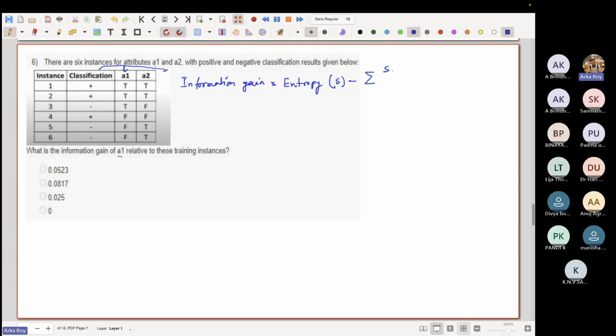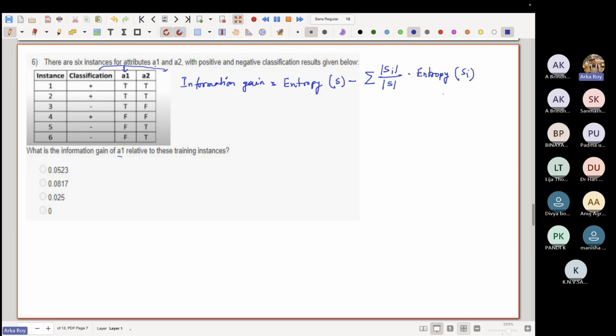I can write that as the cardinality of Si divided by the cardinality of the whole set, multiplied by the entropy of Si. Now let us evaluate all these quantities.